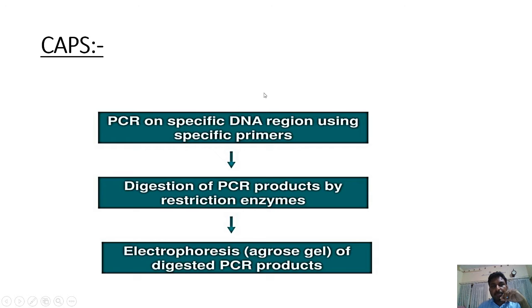Then that amplified product needs to be digested with the restriction enzyme. Then the pattern on the gel needs to be analyzed. That indicates CAPS. This pattern may be different for different organisms. This can be made clearer with the next picture.